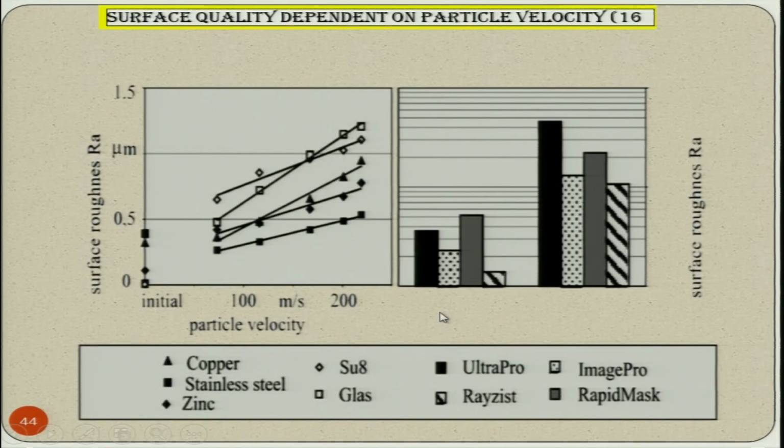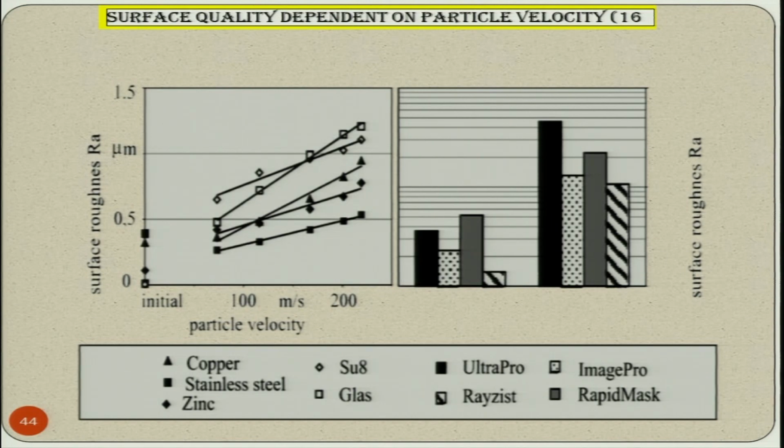Surface quality dependent on particle velocity. Now, this is for copper, stainless steel and zinc. You can find the same phenomenon in all three: as particle velocity increases, the surface roughness value Ra is increasing in all the cases. The reason being, the larger the material removal rate or erosion rate, the larger the surface roughness value.